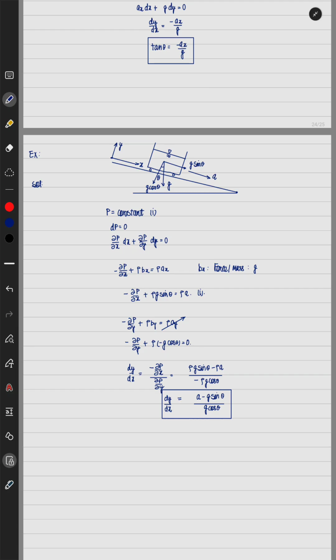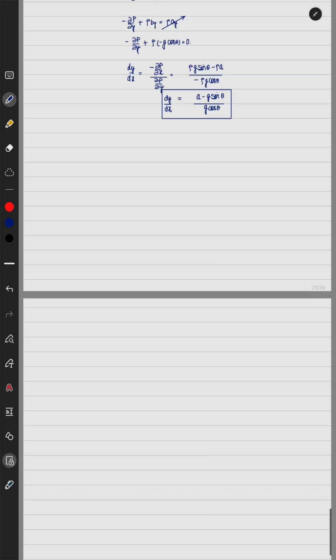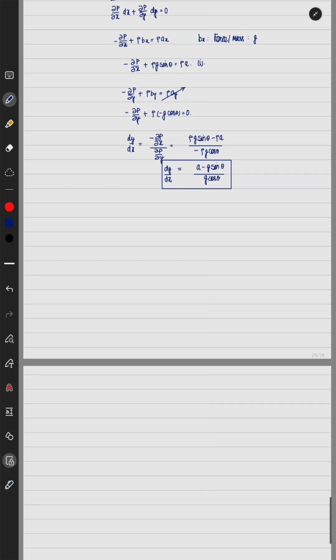Okay, and for today, the last problem that I'm going to take is: what is the equation of the surface if the body is rotated by some angular velocity omega.